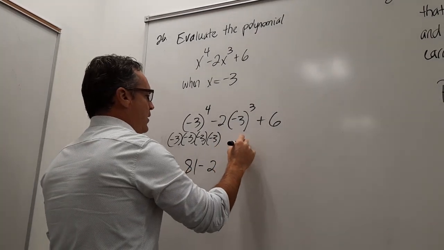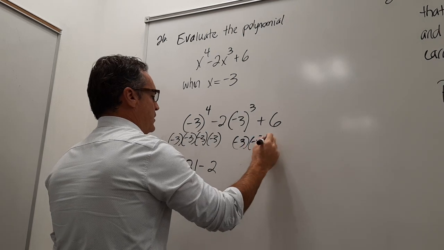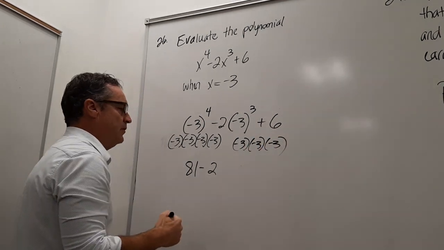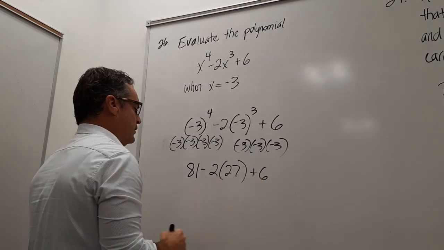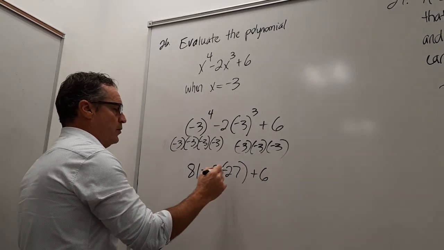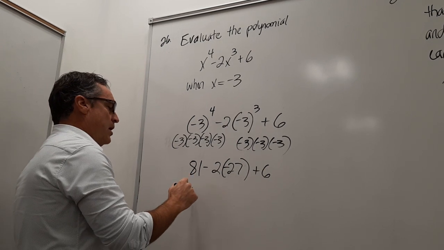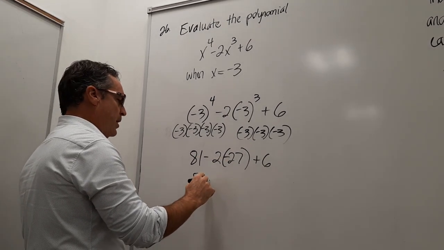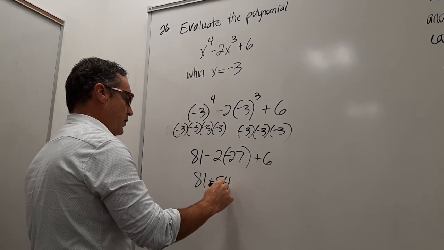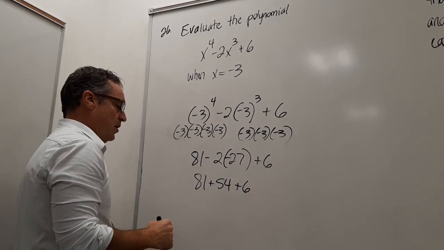We already know that negative 3 times negative 3 times negative 3 is negative 27. So we have negative 2 times negative 27 and then plus 6. Now a negative and a negative make a positive 54, plus 81.